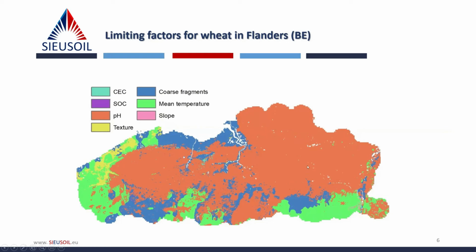Most of the area in Flanders, the lowest score goes to pH. And of course, there are parts in green, for example, is the mean temperature that is the limiting factor. Quartz fragments is the blue color, and of course CEC, soil organic carbon, and slope, but in much smaller parts of the area.